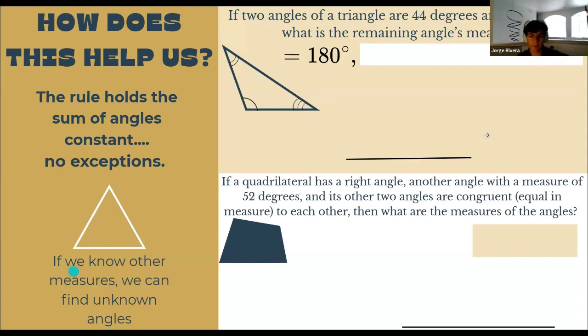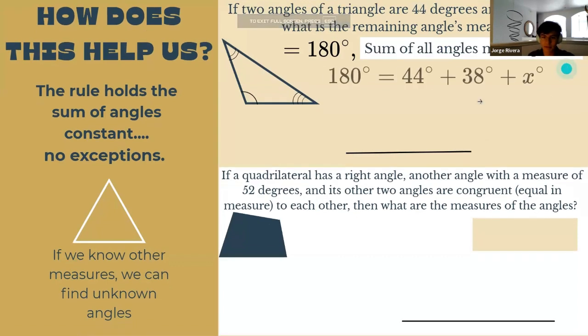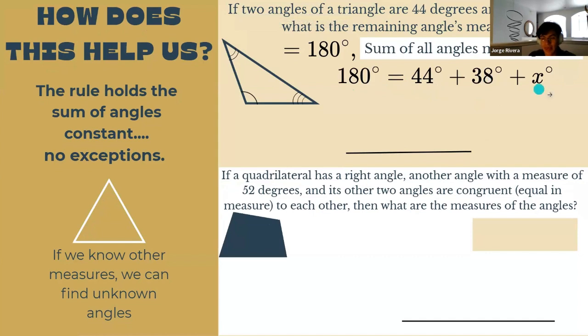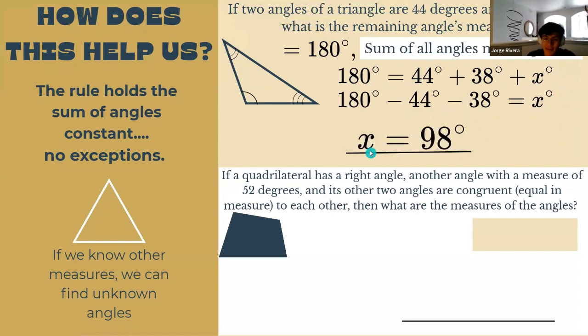All right, so the sum of all angles must be equal to 180 degrees. 180 degrees is equal to 44 plus 38 plus x degrees, and so then you just subtract 44 and 38 from 180, and that would equal x degrees. And so that means that x would be 98 degrees. Very good.